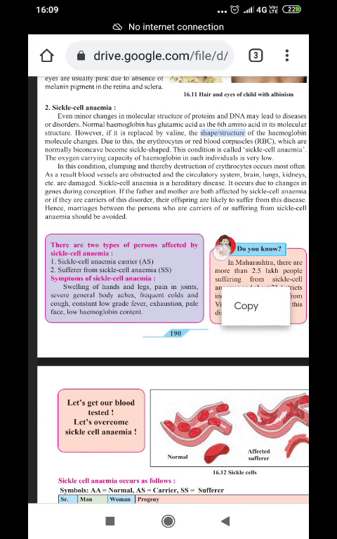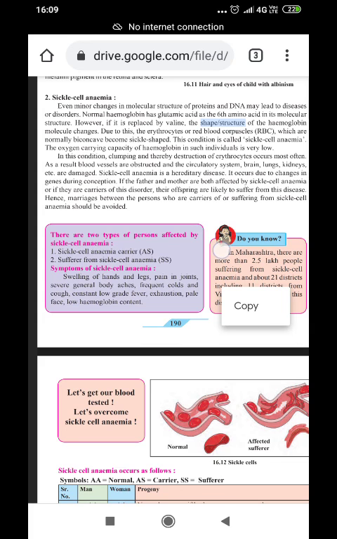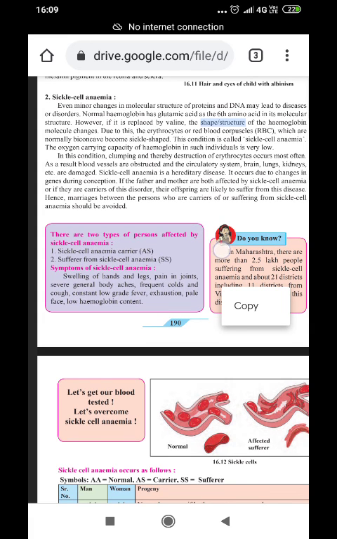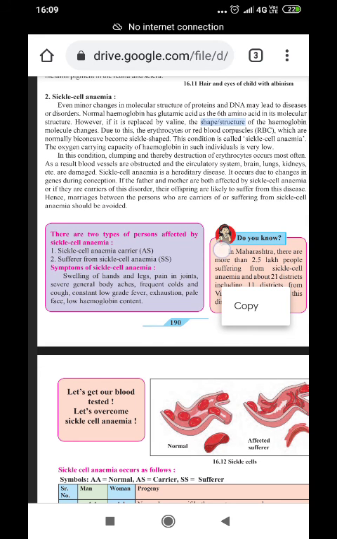Now, sickle cell anemia. This is a defect caused in the cells of the blood. Even minor changes in the molecular structure of proteins and DNA may lead to diseases or disorders. Normal hemoglobin has glutamic acid as the sixth amino acid in its molecular structure.